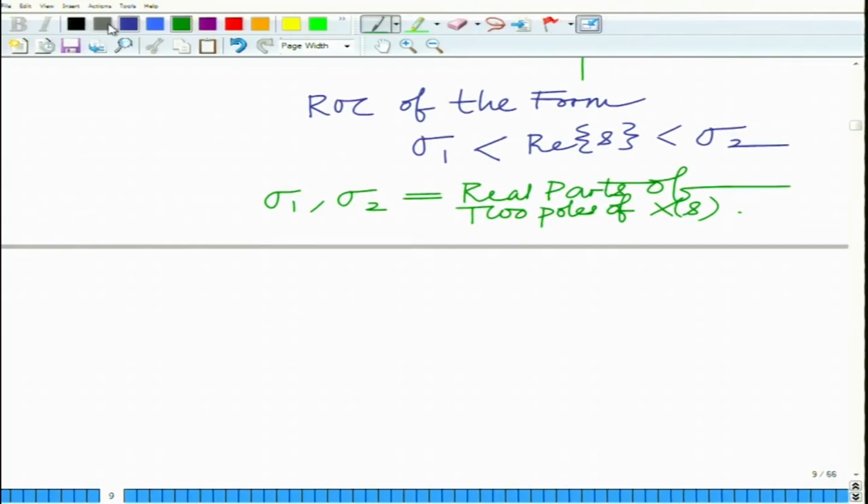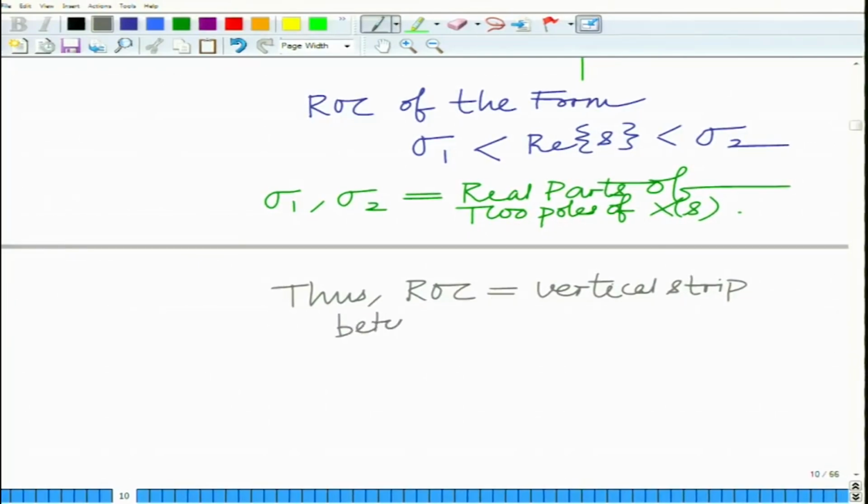Thus the ROC is the vertical strip between the lines real part of s equals sigma 1, real part of s equals sigma 2.